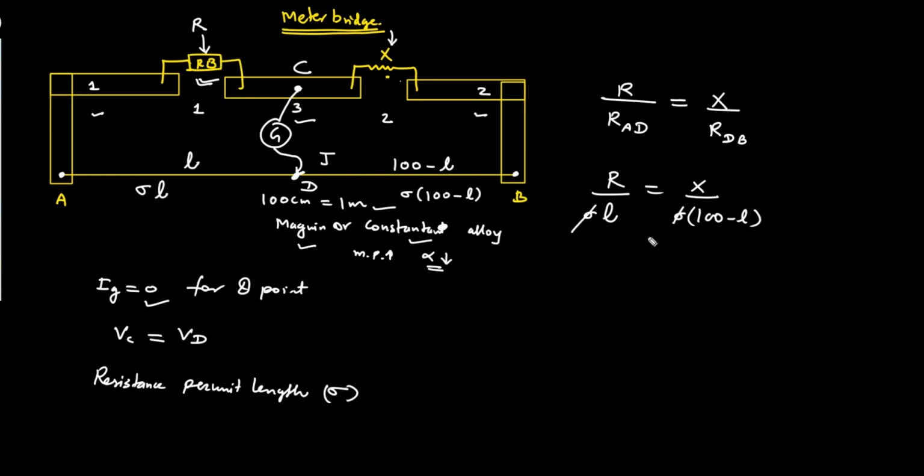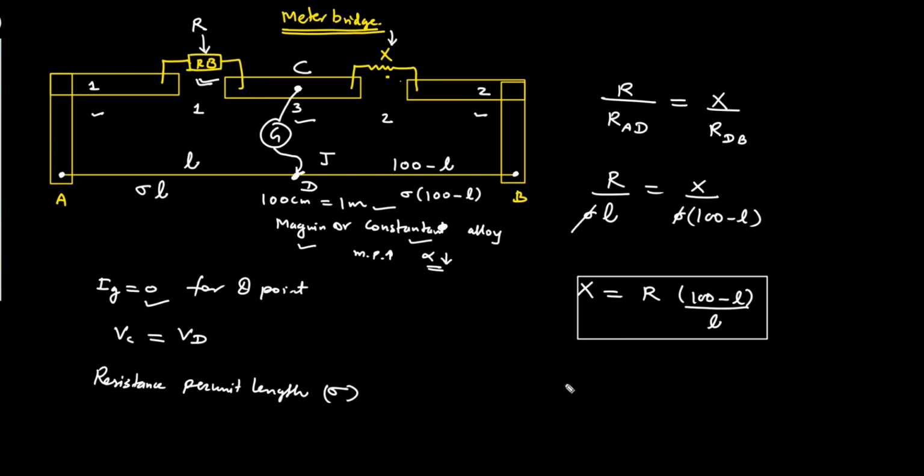Now sigma cancels. So the unknown resistance X I can simplify as R into 100 minus L divided by L. So this is the unknown resistance, and remember that this balance length must always lie between 30 centimeter to 70 centimeter. Only in that case you will get the correct reading, otherwise you will get wrong readings. I hope it is clear. Meter bridge.